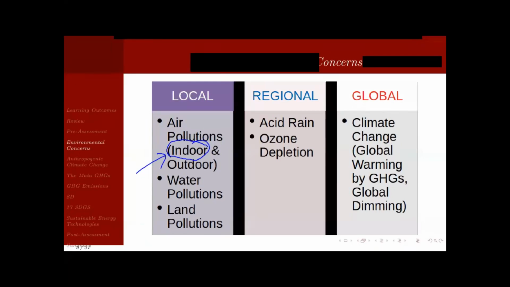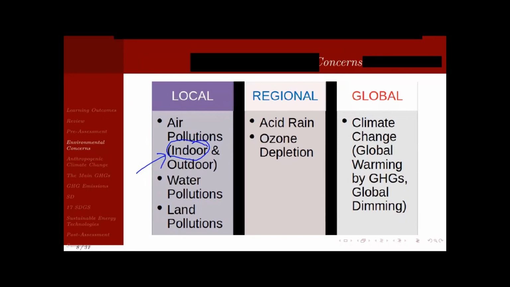Indoor air pollution. If you think about our rural areas, many of them are using traditional biomass fuels. In Bengali, we say lakri or things like that.